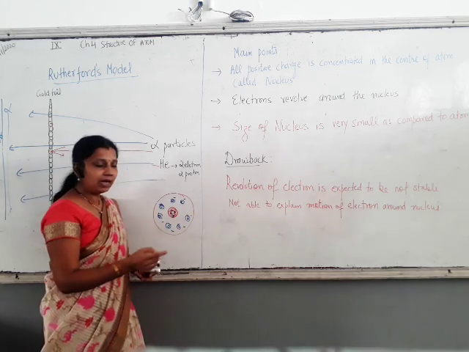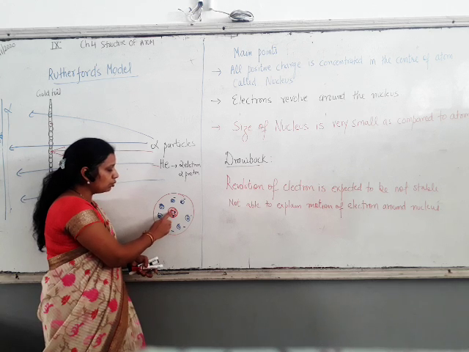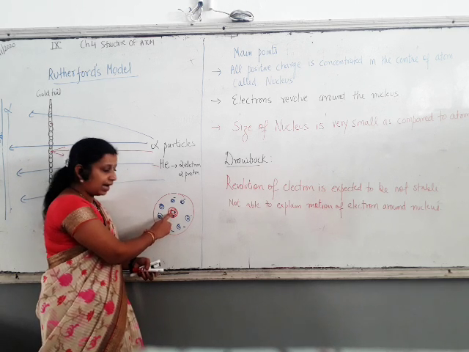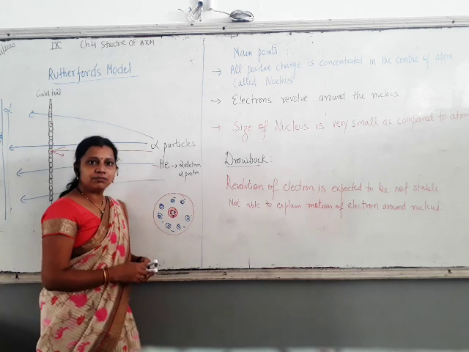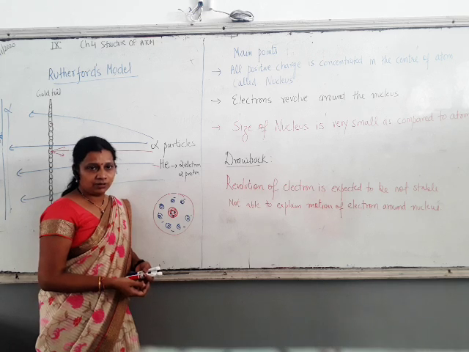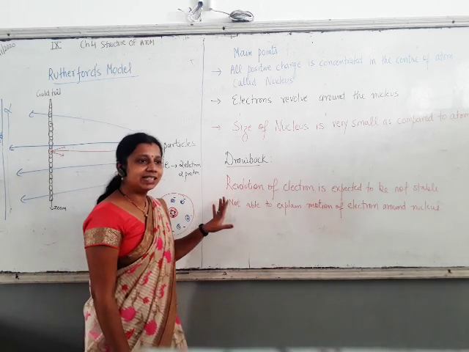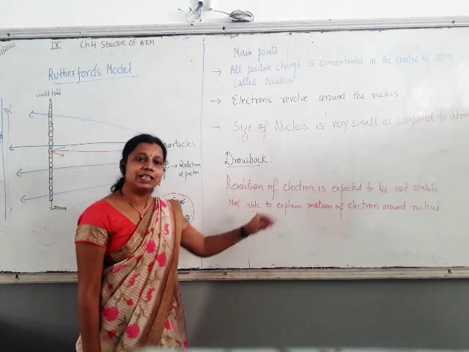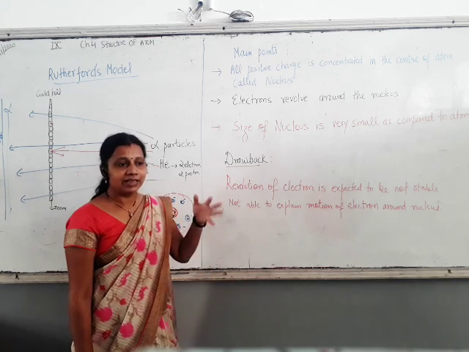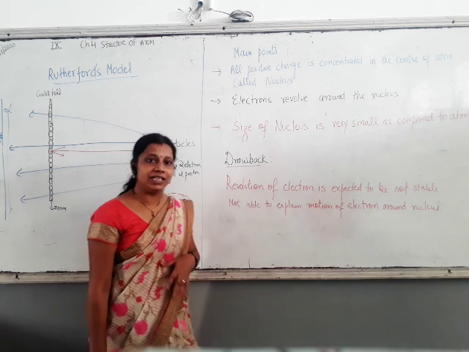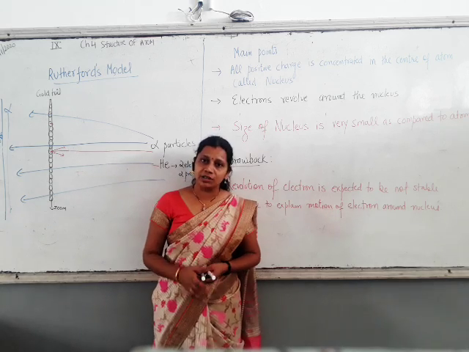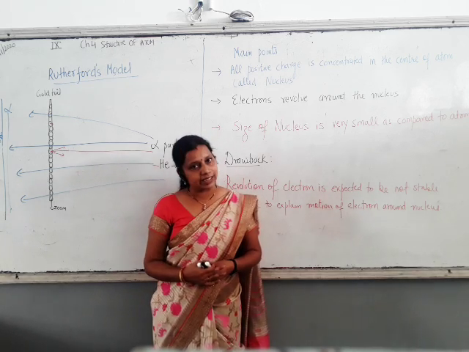And at that point, what will happen? The electron will fall into the nucleus, and then there would be nothing like an atom. But this doesn't happen. So this model of Rutherford was not able to explain the stability of the revolution of electrons around the nucleus. It was then explained by Niels Bohr, and that model we are going to study in the next class.